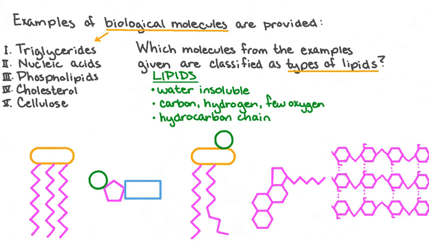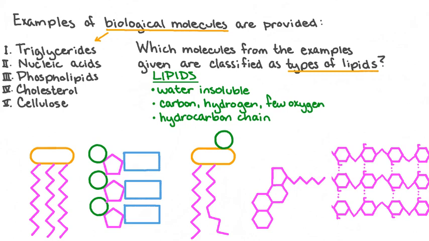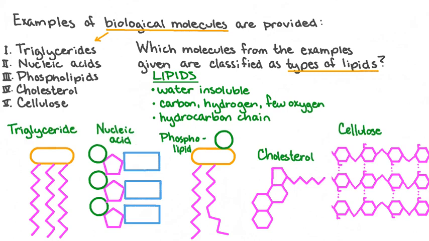Here, I've drawn simplified diagrams of each of the biological molecules listed. Can you identify them based on their structure? If you said triglyceride, nucleic acid, phospholipid, cholesterol, and cellulose, then you know your biological molecules. In order to answer our question, let's take note of two things here. First, we're looking for lipids, which is a type of biological macromolecule.